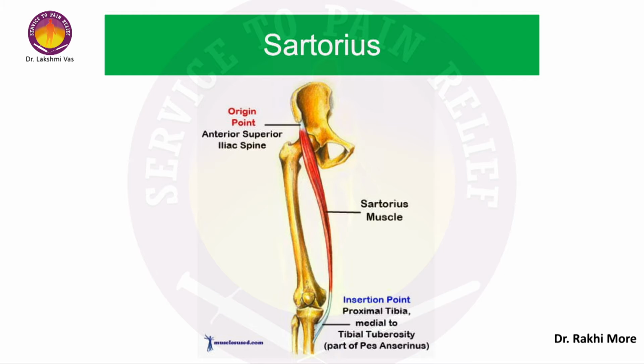So here is the sartorius. Point of origin is the anterior superior iliac spine. Insertion is the proximal tibia or the medial condyle of the tibia on the medial surface. See, one of the problems of sartorius is it is a very fine thin strip of muscle which goes from the lateral aspect right into the pes anserinus tendon along with the gracilis and the semimembranosus, semitendinosus.